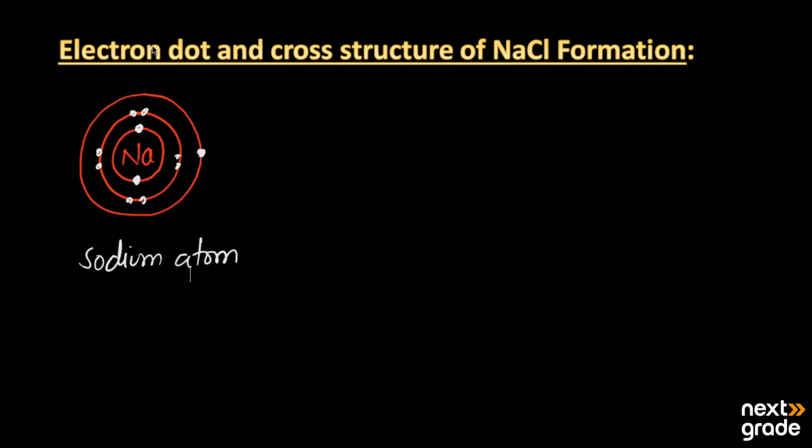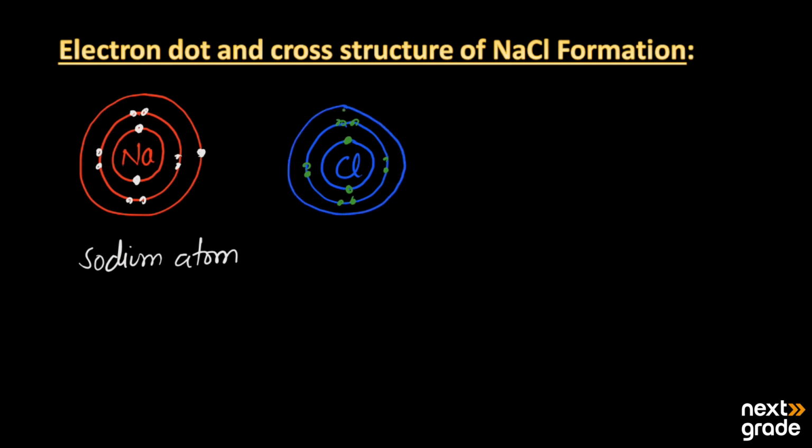Next, we have the picture for chlorine. Its first shell has a total of 2 electrons, its second shell again has 8 electrons, and its third shell has a total of 7 electrons.